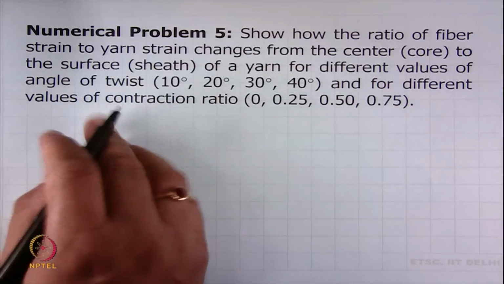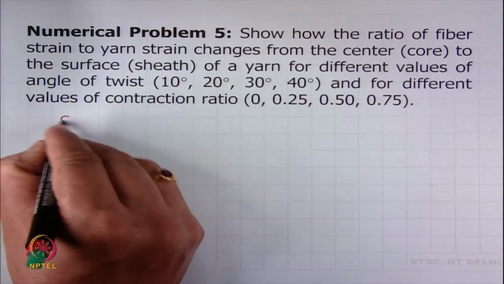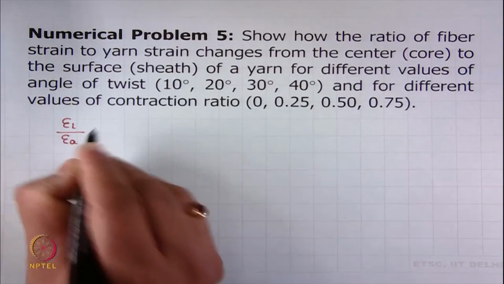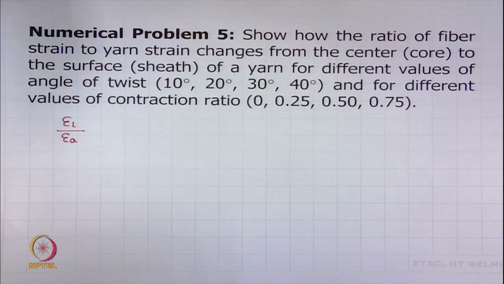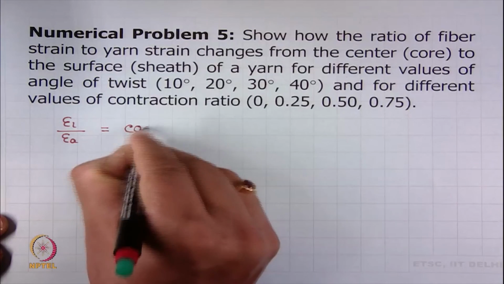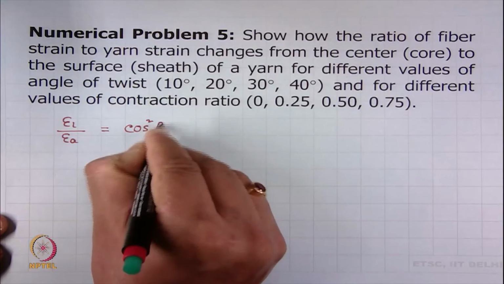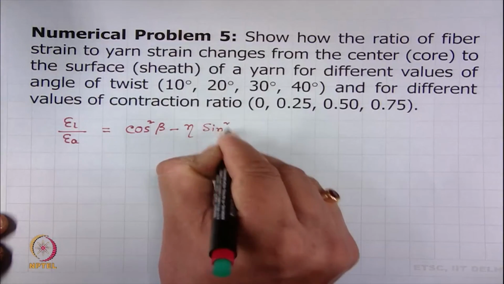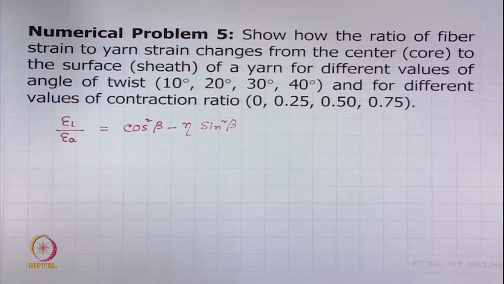Now, fiber strain to yarn strain. This is your fiber strain to yarn strain, cos square beta into sin square beta. So, we have to use this formula to solve this problem.